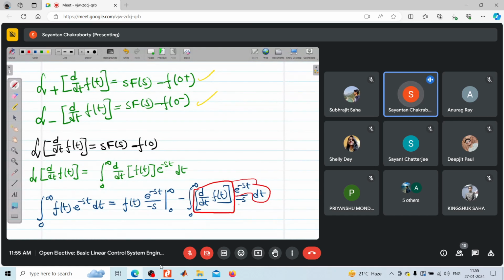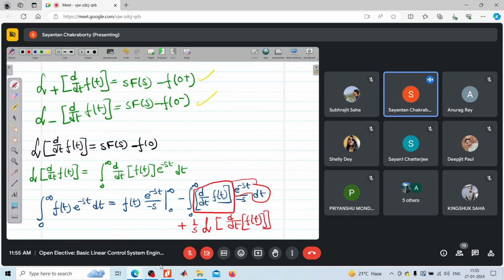So you can write, with a minus s, so plus 1 by s, the Laplace transform of d/dt of f(t).